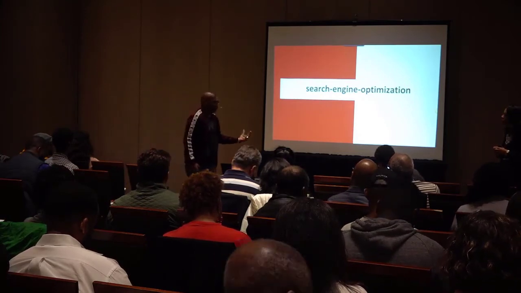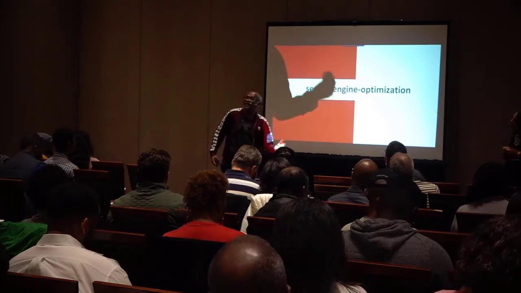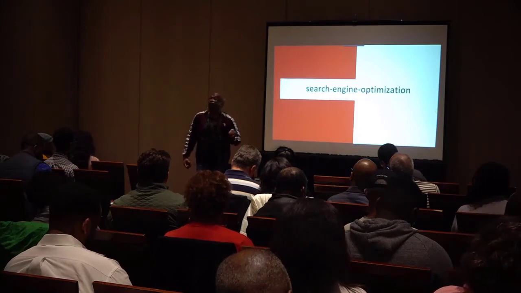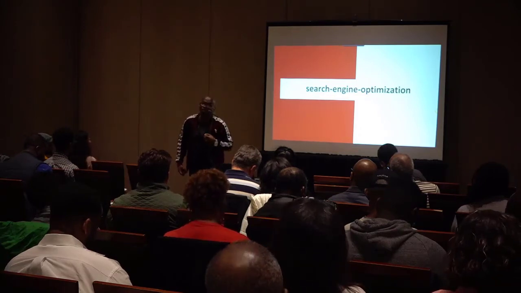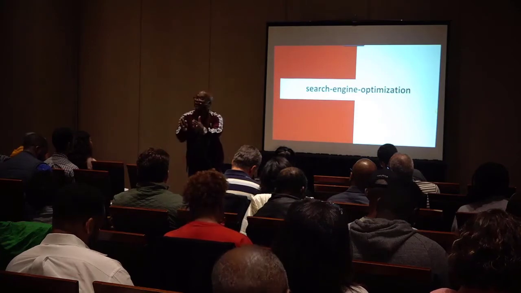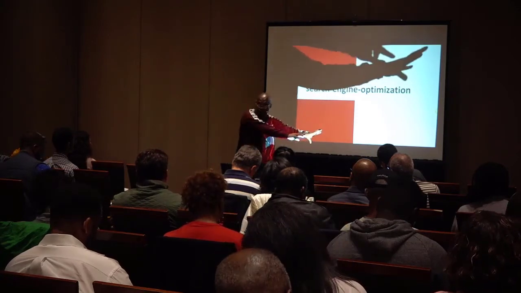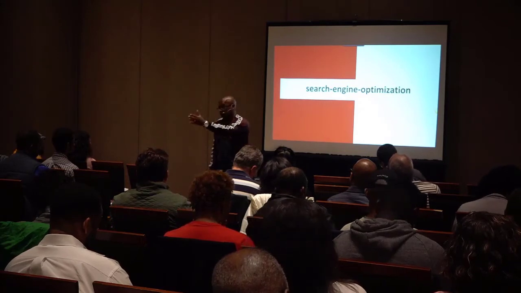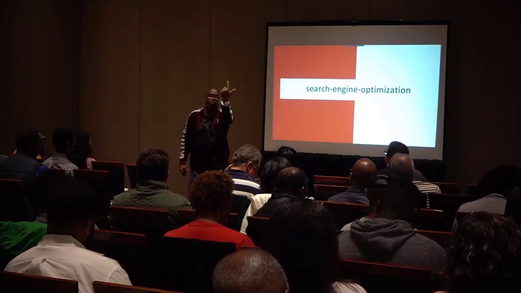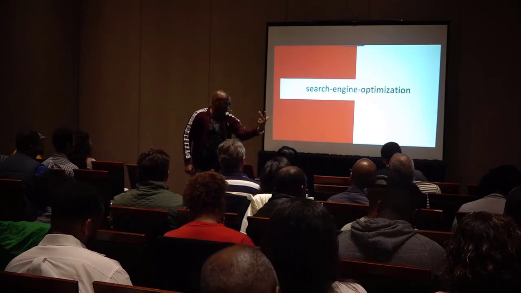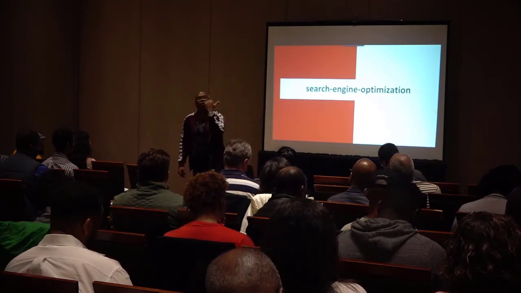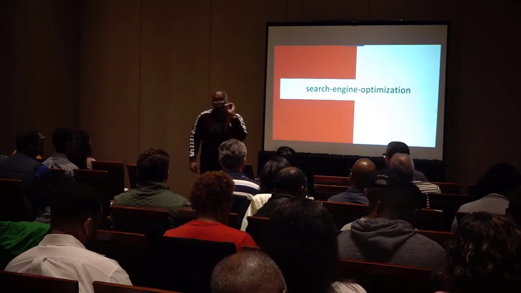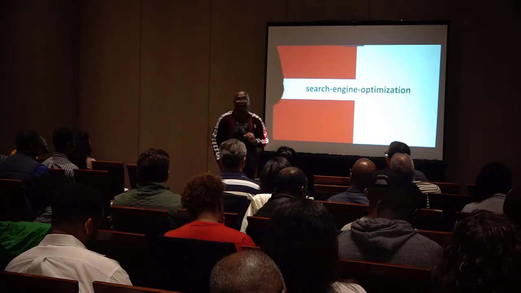Depending on the keyword density and the keyword competitive level, it could be anywhere from 3, 6, 12 months to rank on what's called the Holy Grail. And the Holy Grail is page 1, Google, spot 1, 2, or 3. That's where your money is made when it comes to conversion from search engine optimization.